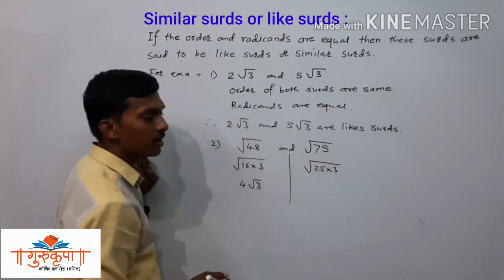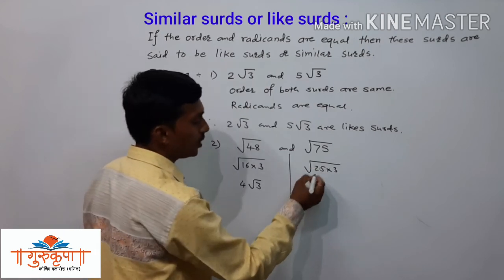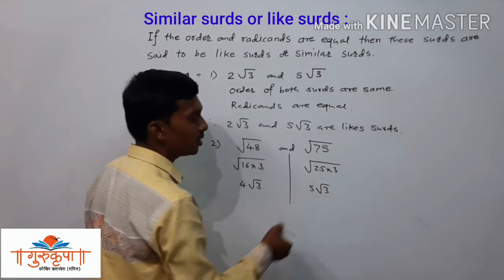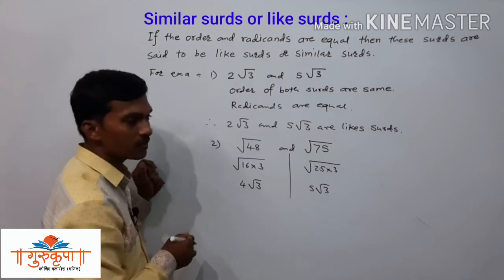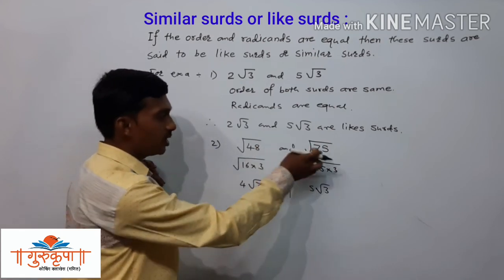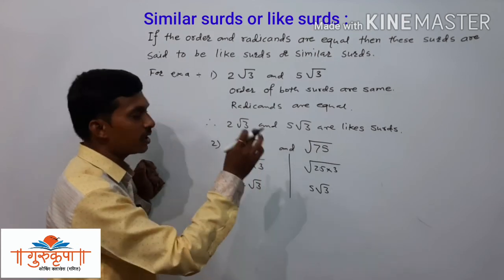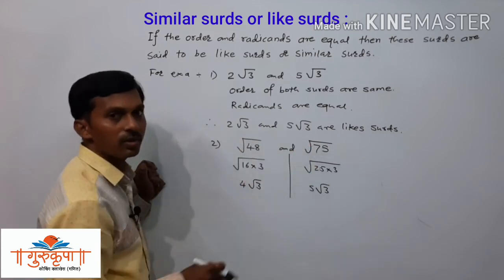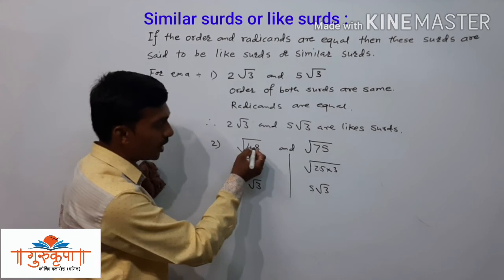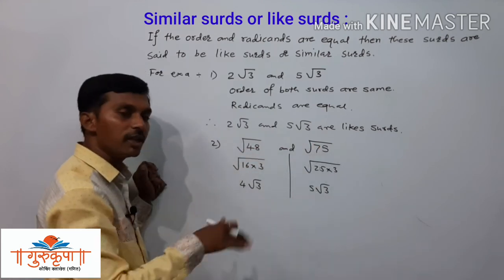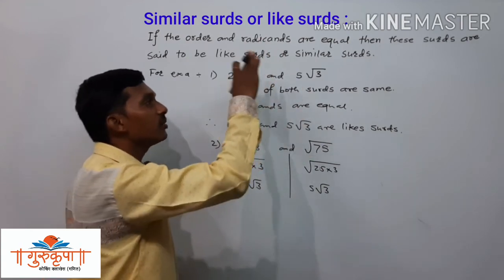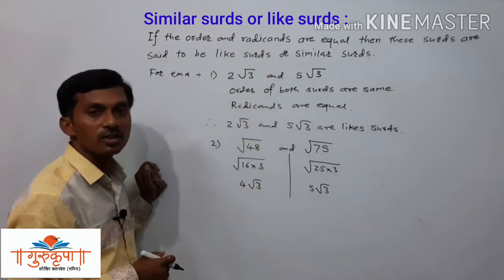The square root of 25 is 5 and root 3 remains inside. Now you can tell me the answer. If you directly said that these are not similar surds just by observing the radicands, that would be wrong. We have to simplify first and then determine whether the given surds are similar surds or not.